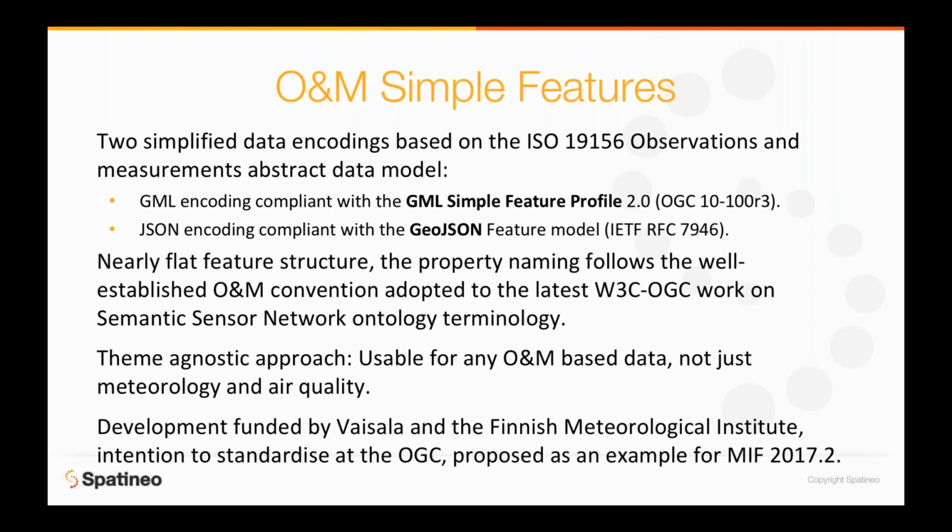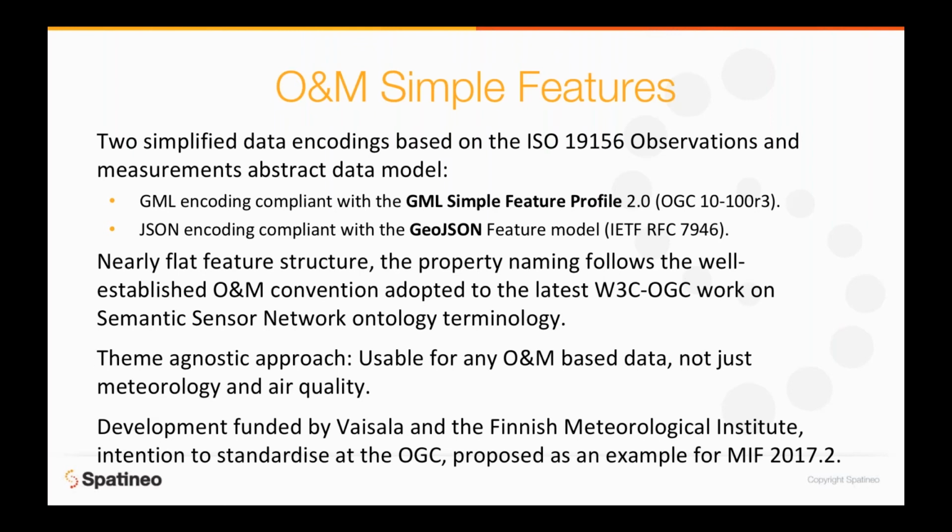I mentioned that this is weather and air quality, but it's actually agnostic to the data themes, because this can be applied to any data that's based on the observation and measurements model.